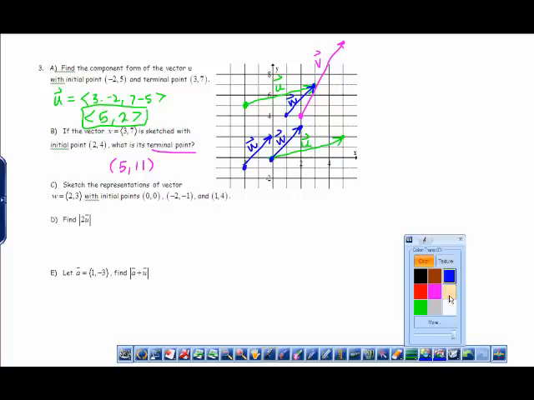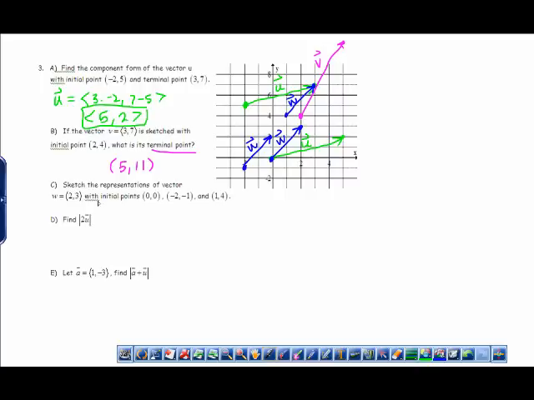D is going back to this vector U, and it's asking us to find the magnitude of twice U. Well, first we need to do twice U. Twice U will be twice the horizontal component and twice the vertical component. So now I have a new vector that's twice as long. Okay, 10, 4, and let's find the magnitude of this.